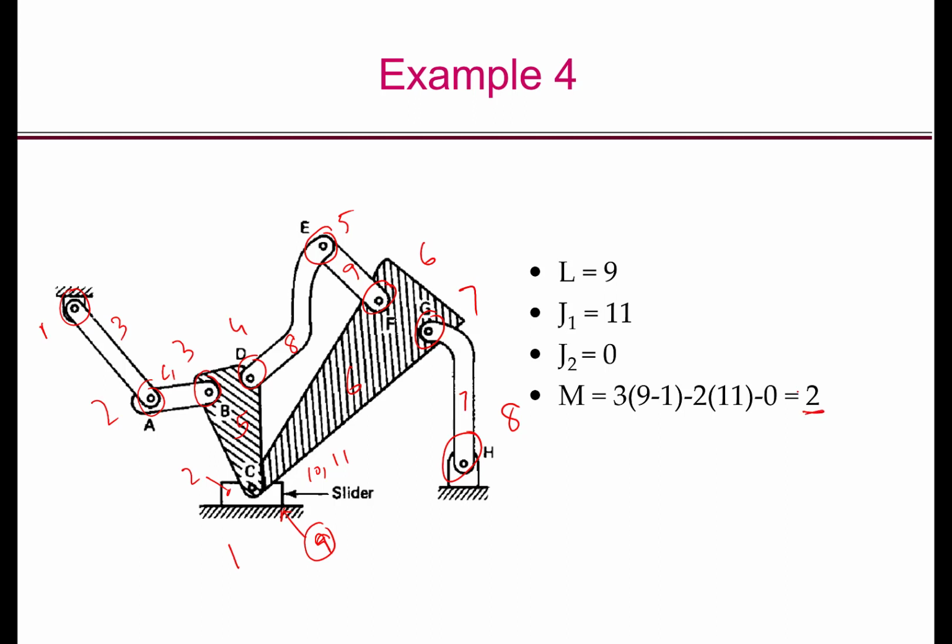Now one thing that you should understand in the derivation of the Gruebler's equation, we didn't really assume anything except for the degrees of freedom of the joint and the number of links, not the shape of the links, nothing else. So this is quite powerful and general, but this also has some problems, as you will see in the next few slides.